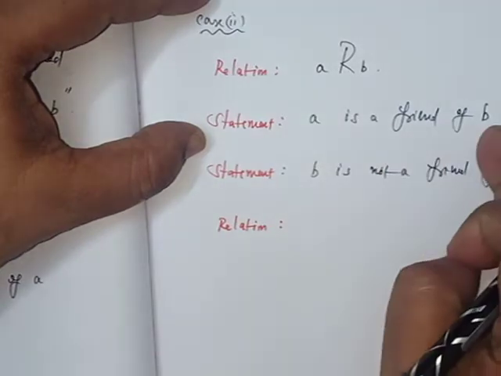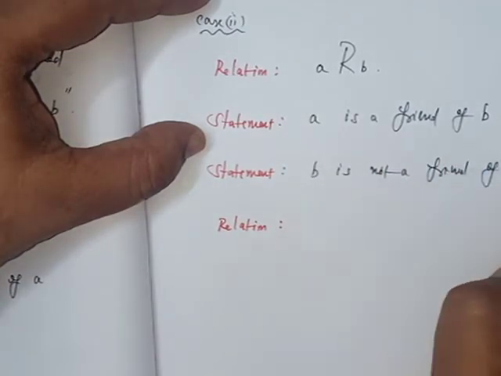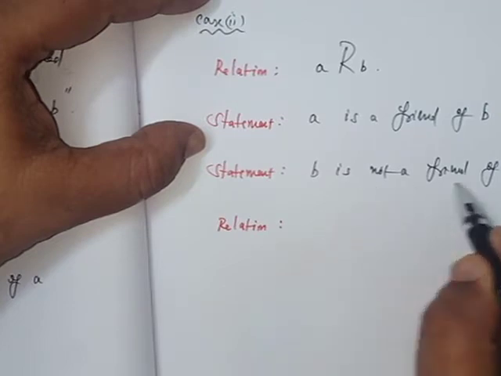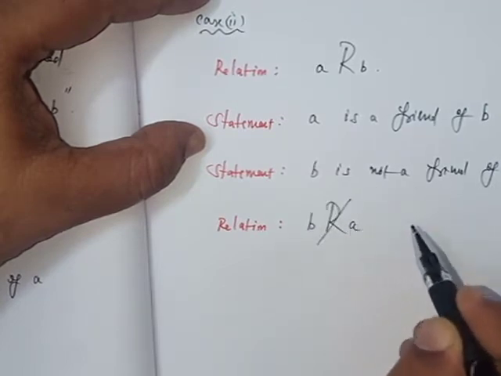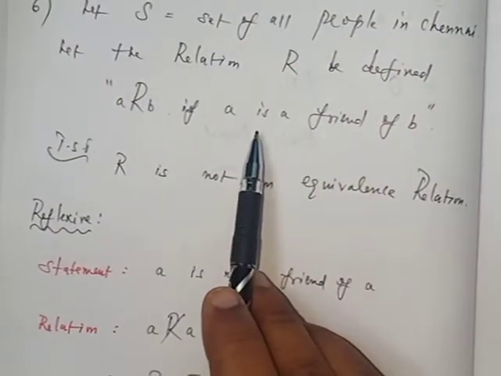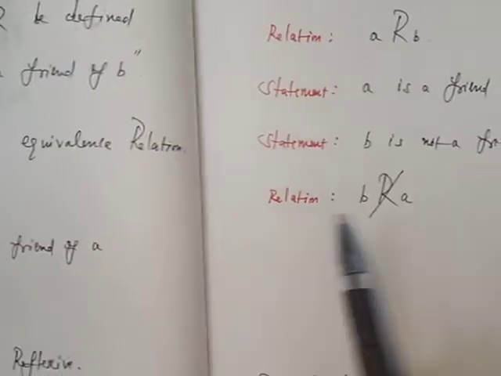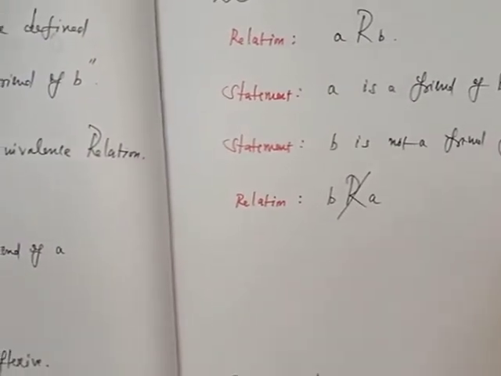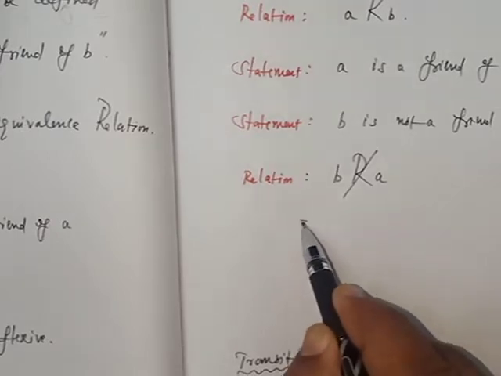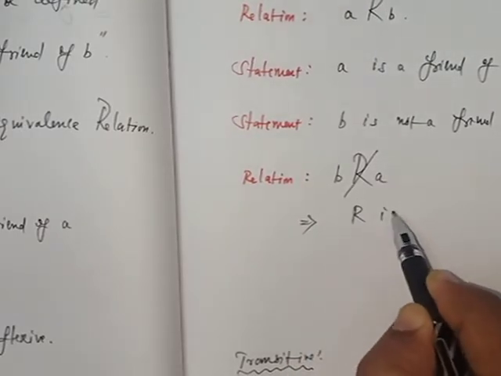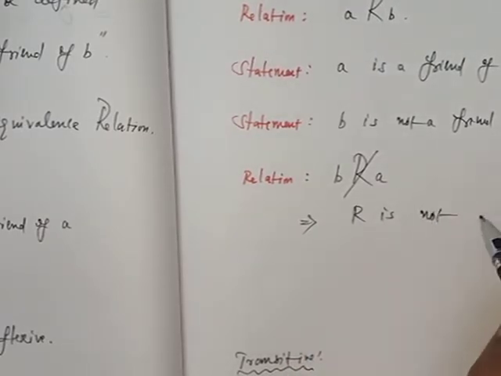If A is a friend of B, B is not a friend of A, it is also possible. Not a friend means you have to mention B is not related to A, because the given statement is 'is a friend of', it is against the statement. Now, R is not symmetric.